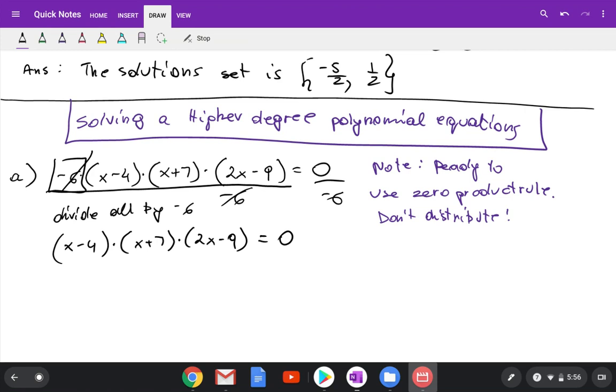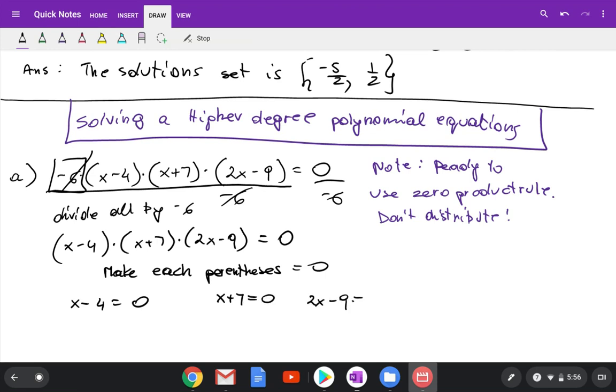Now we make each parenthesis equal to 0, so you're solving three equations: x minus 4 equals 0, x plus 7 equals 0, and 2x minus 9 equals 0.